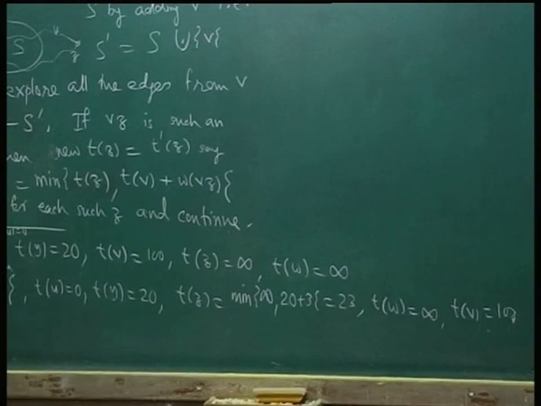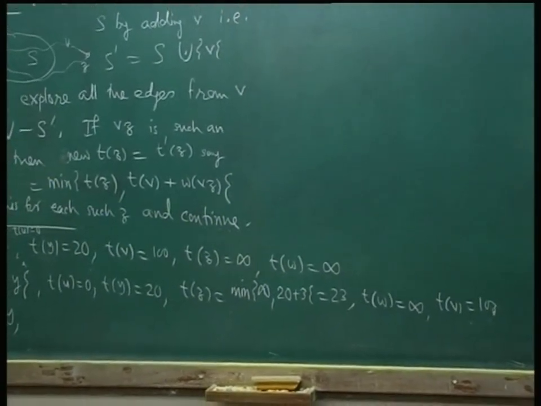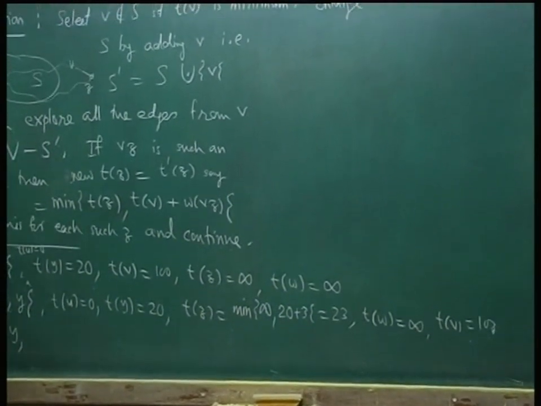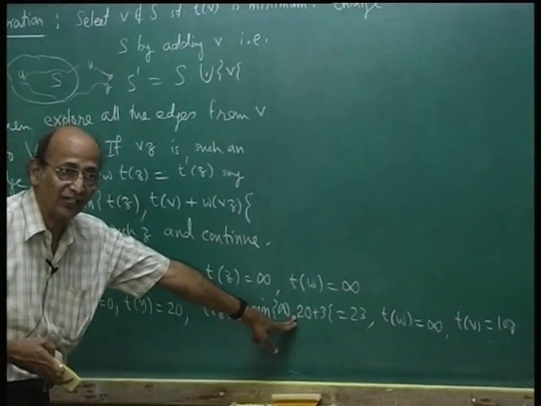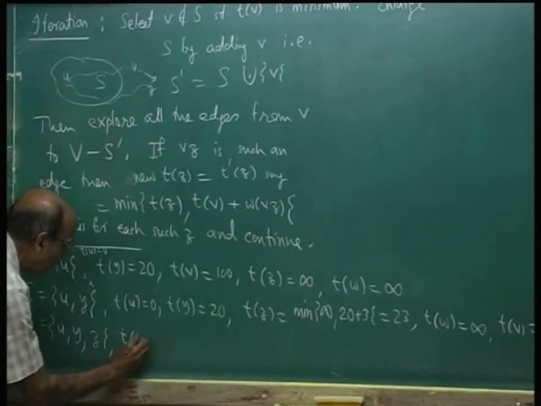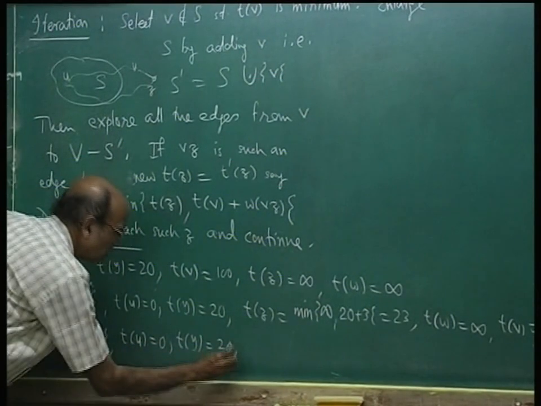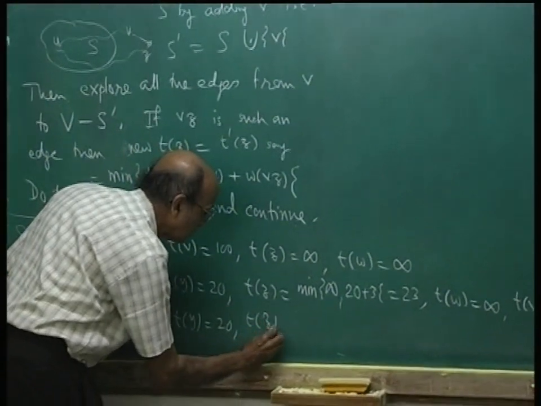Then, after this, the smallest distance outside S is that of Z. The smallest distance is T of Z. So T of U is 0, T of Y is 20, T of Z is 23.